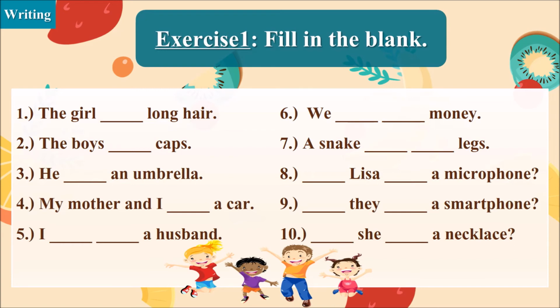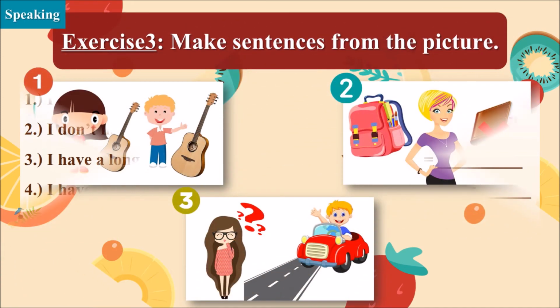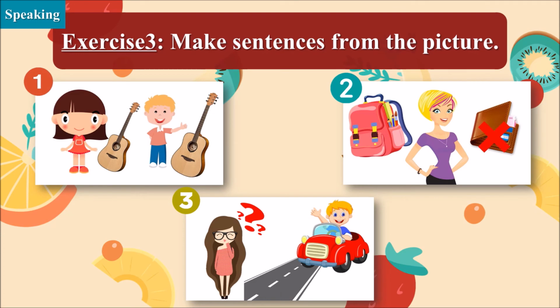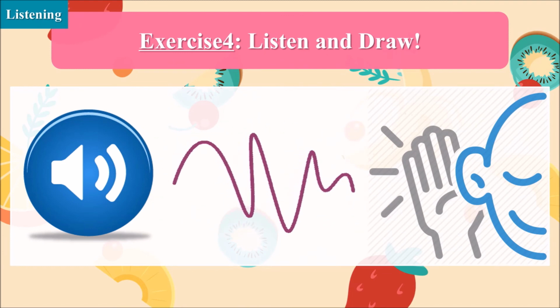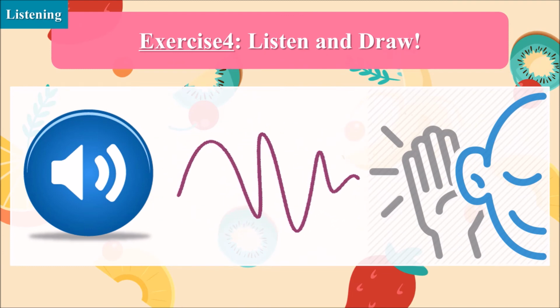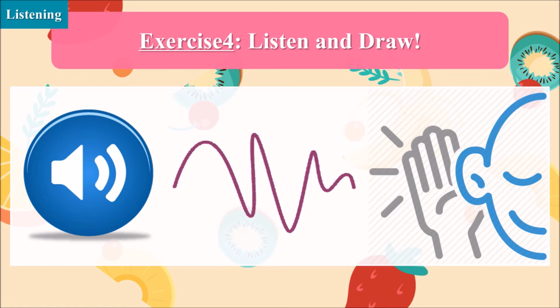Please pause the video to do the exercise. Exercise 2 is about reading. Guess what? About animals. Exercise 3 is speaking. Make sentences from the picture. Exercise 4 is about listening. Listen and draw. Please listen carefully. Are you ready?